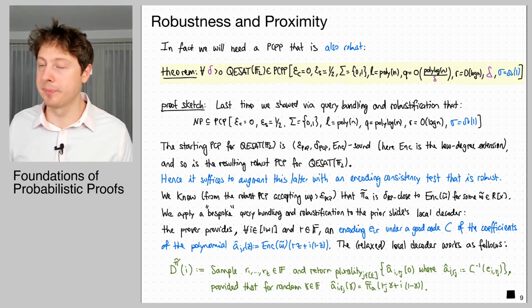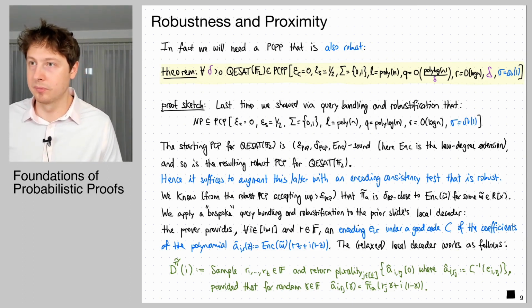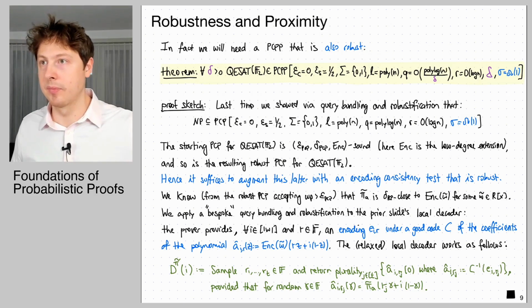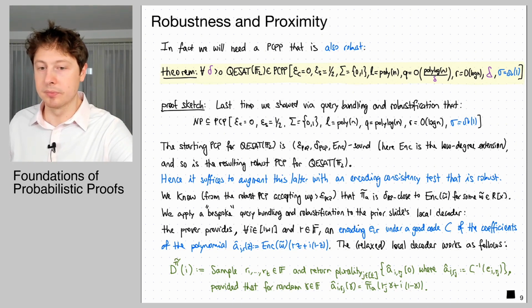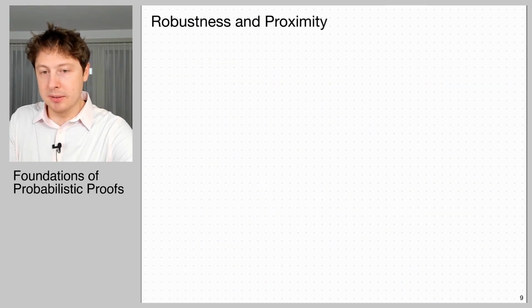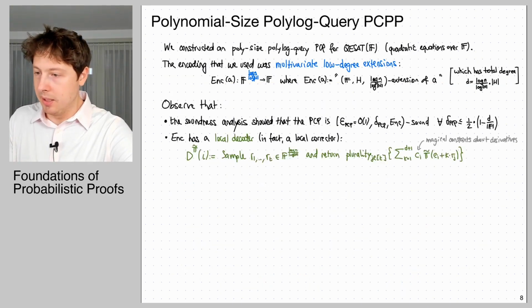And when we had low degree polynomials, however, it was small. What was the concept of small in that case, say in the context of a PCPP?